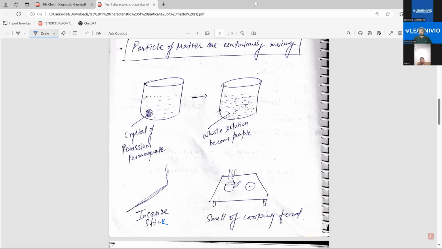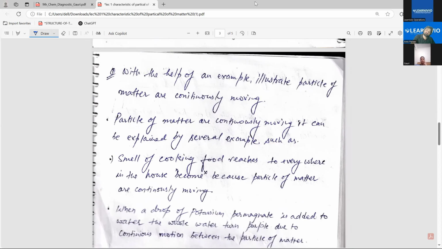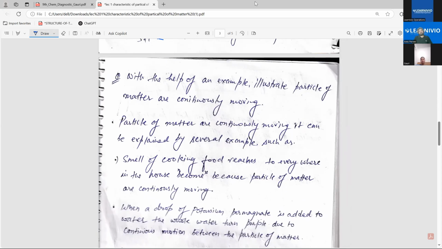Please write the statement only: with the help of an example, illustrate that particles of matter are continuously moving.